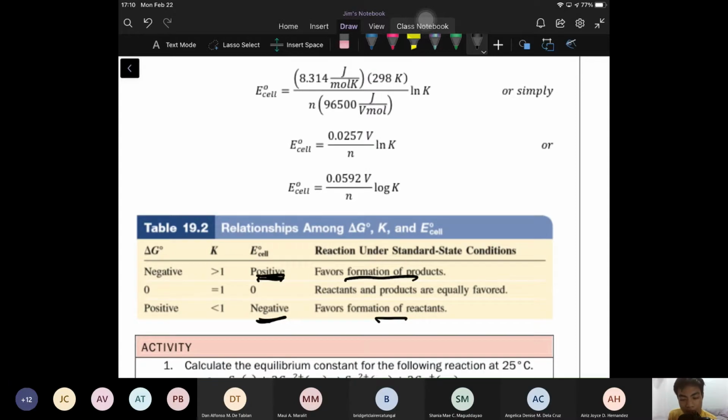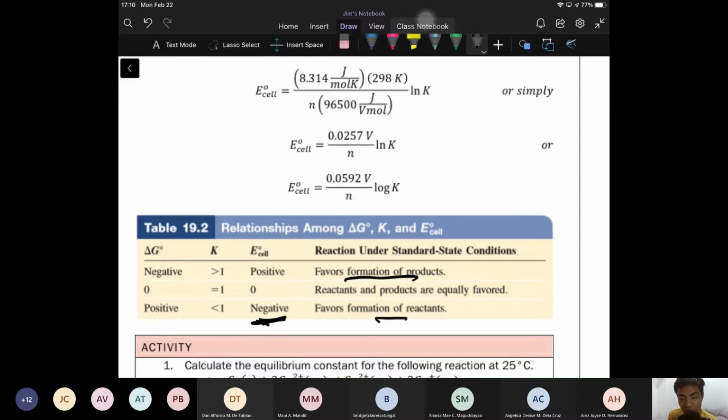So that means if your E cell is positive, the value for delta G is negative, no? Okay. Bakit? Kasi according to delta G, kapag negative siya, spontaneous yun. No? Okay. So ibig sabihin ng E cell ay positive, delta G is negative. No? And the value of K is greater than 1. No? So that means it will favor the formation of your product.